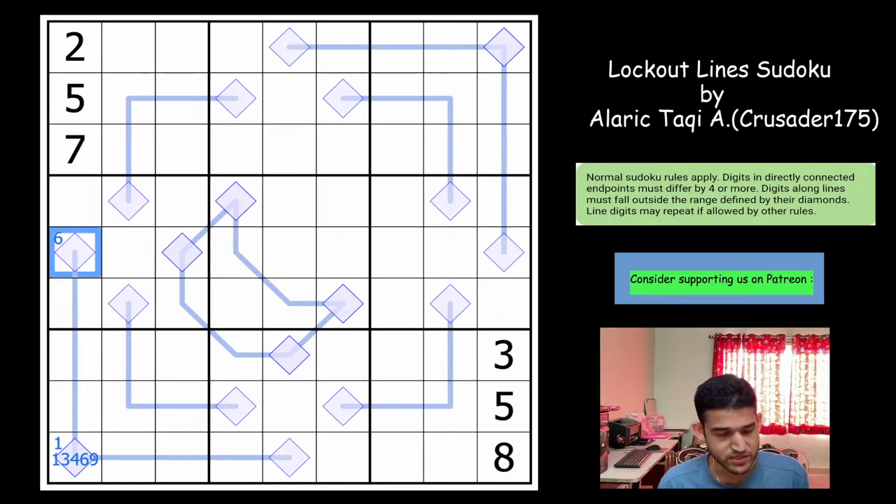So 1 is never possible, and the further you go, like let's say 7 or 8 or even 9, that makes it even more difficult. If you have 1 to 8 eliminated from these 5 cells, there is no way you can place the rest here. That's simply not possible. So which means that row 9 column 1 can never be a 1. Let's eliminate that. And now that should give us some more digits.